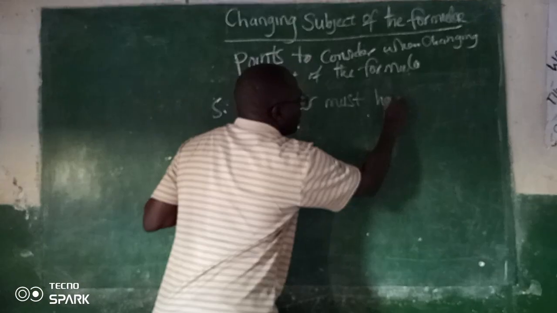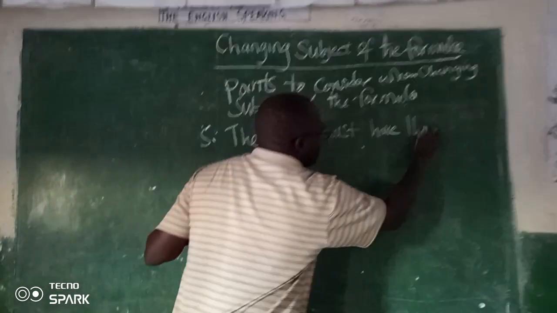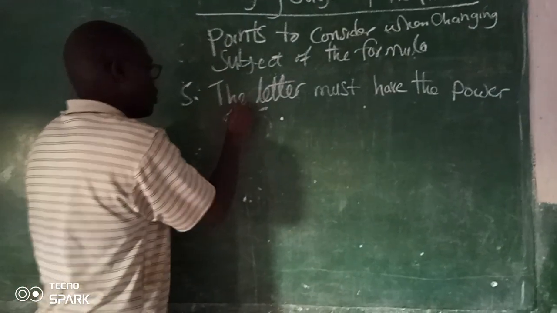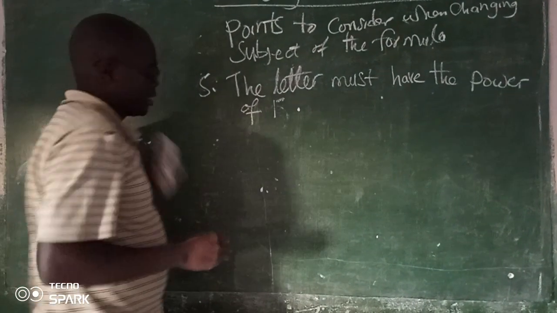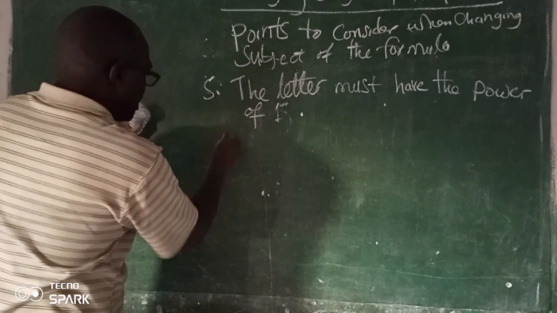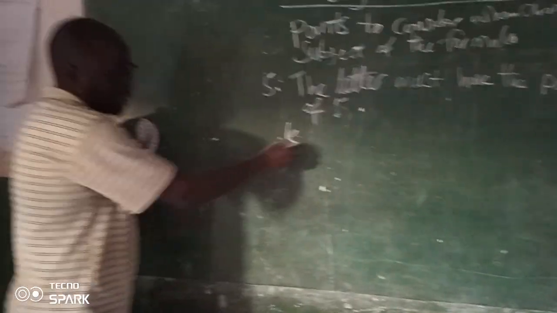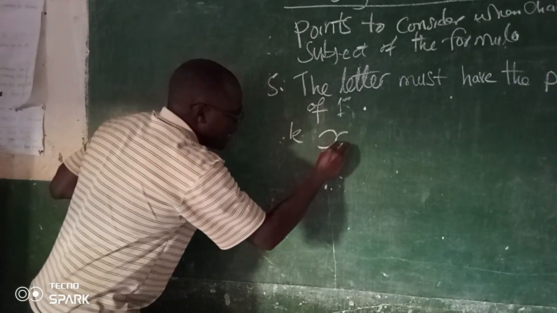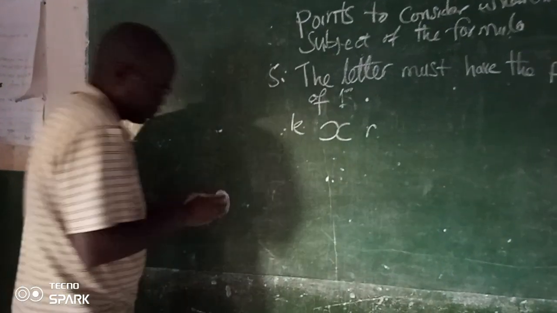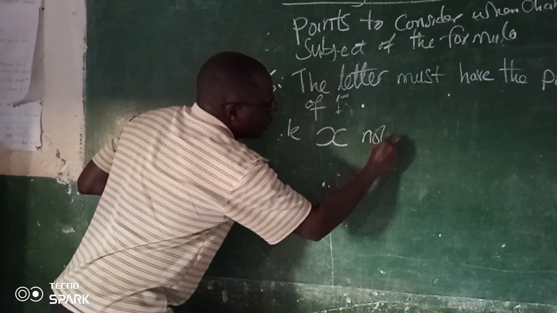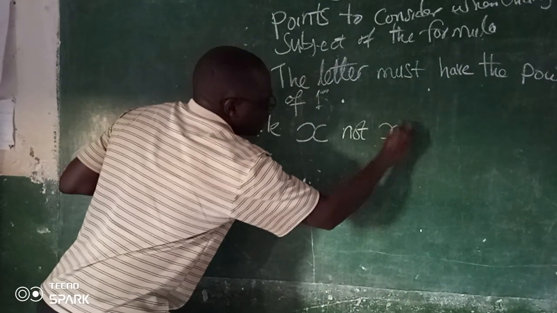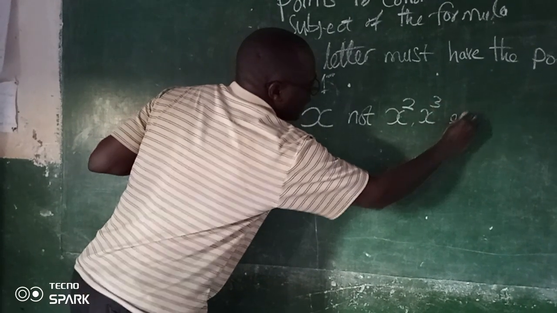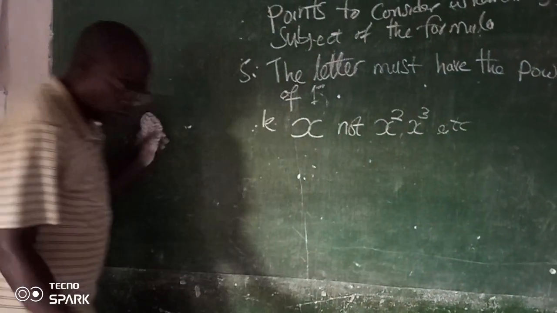That is, if the letter is X, it must be X, not X to the power 2, X to the power 3, etc.